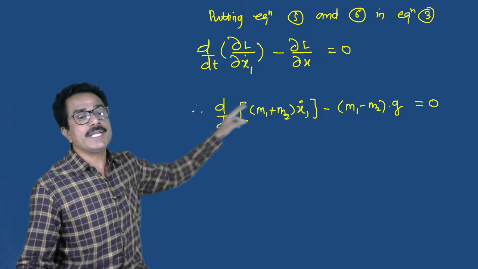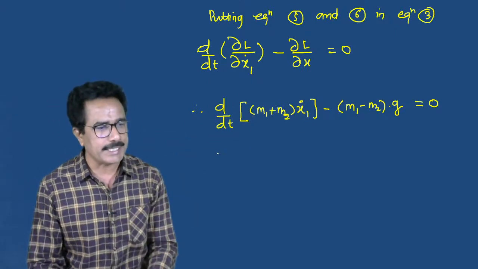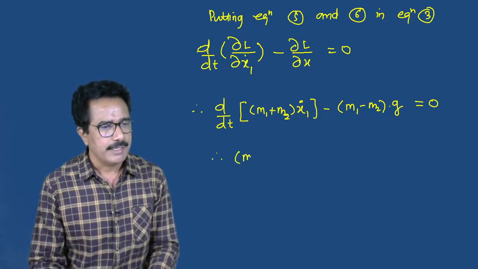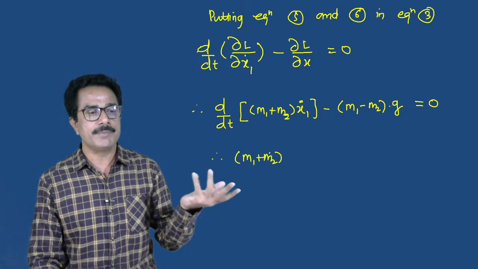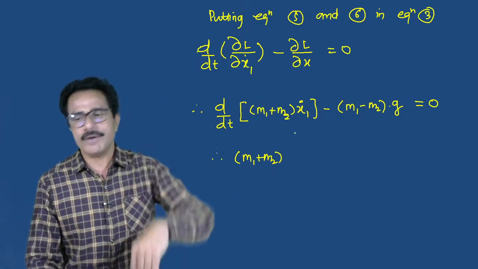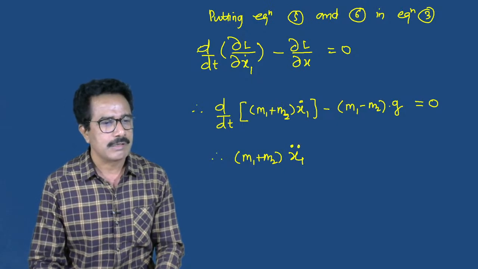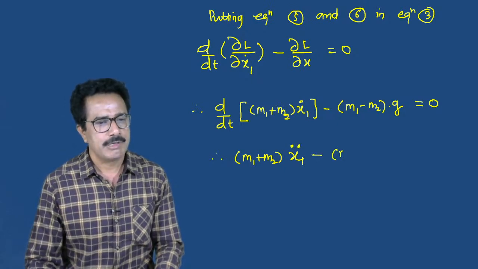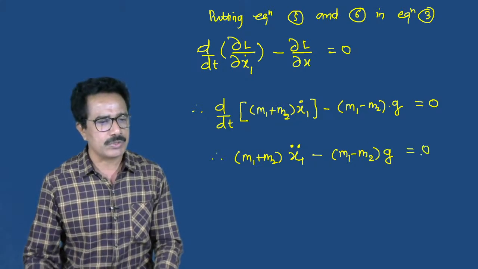Now differentiating this with respect to t again, take the derivative of x1 dot once more. So we get (m1 plus m2), these are constant quantities, put as it is. The derivative of x1 dot is x1 double dot, minus (m1 minus m2) into g, which is equal to 0.